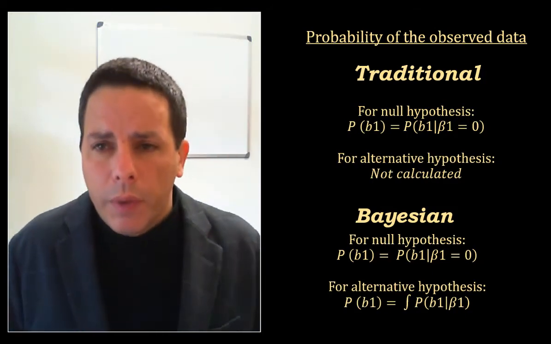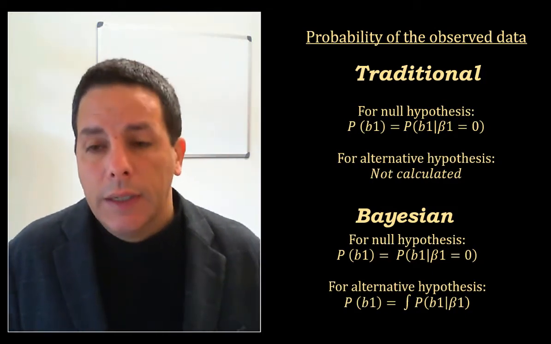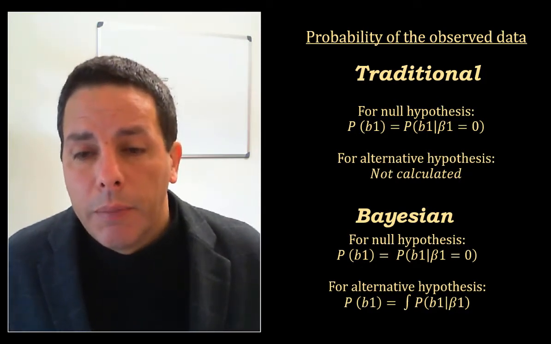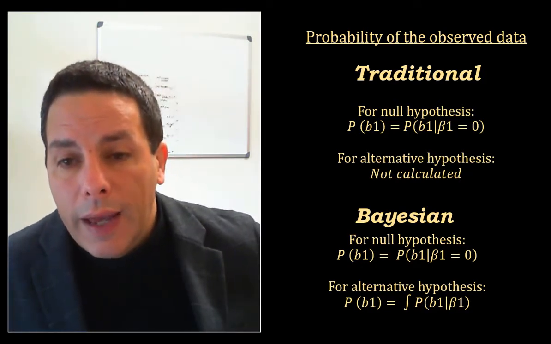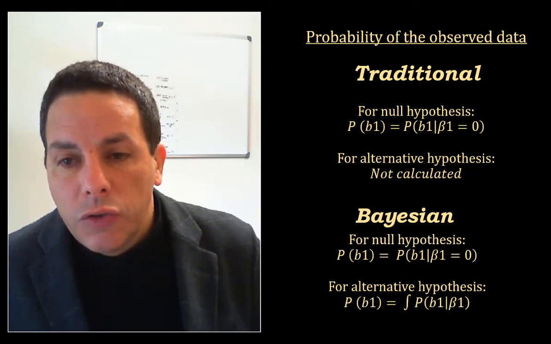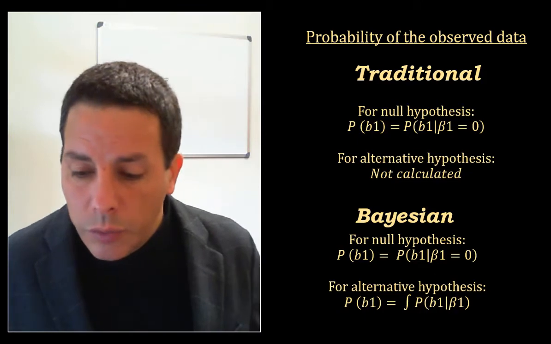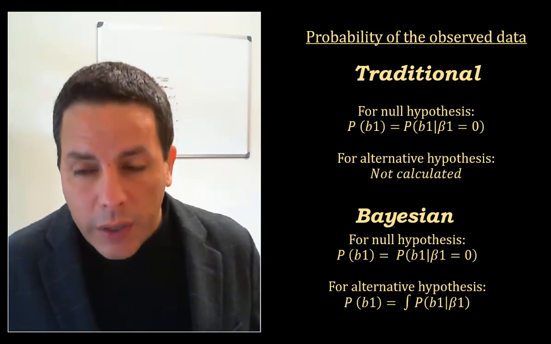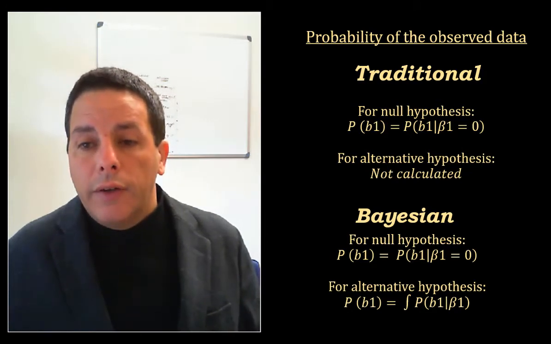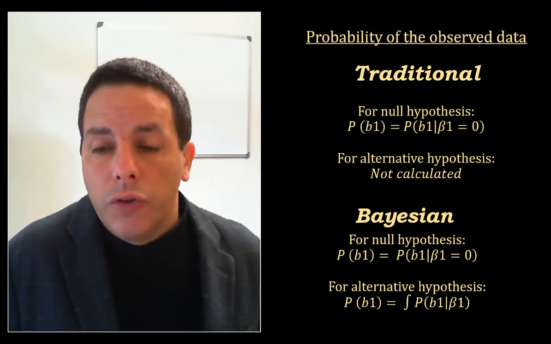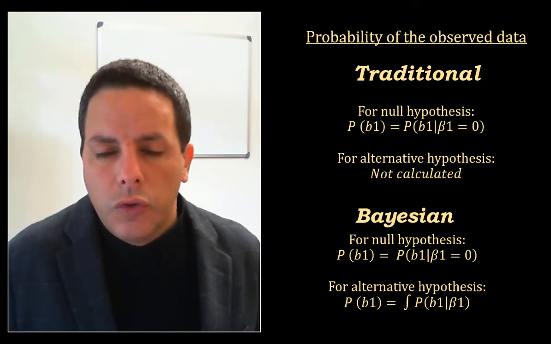What about the probability of the observed data? The probability of the observed data for the null hypothesis is the value that came from the sampling distribution. So we've got a sampling distribution, assuming that beta 1 equals 0, and let's say we observe a B1 of 0.256.